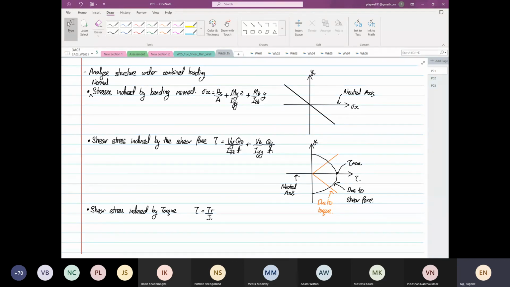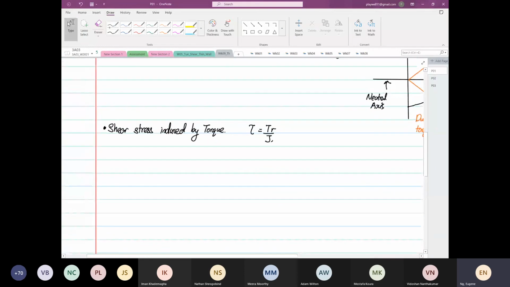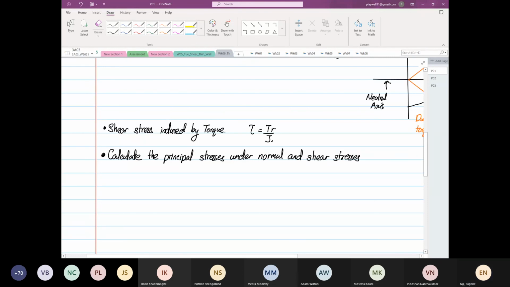The only way to link all these stresses is we have to calculate the principal stresses under normal and shear stresses configuration using Mohr's circle.